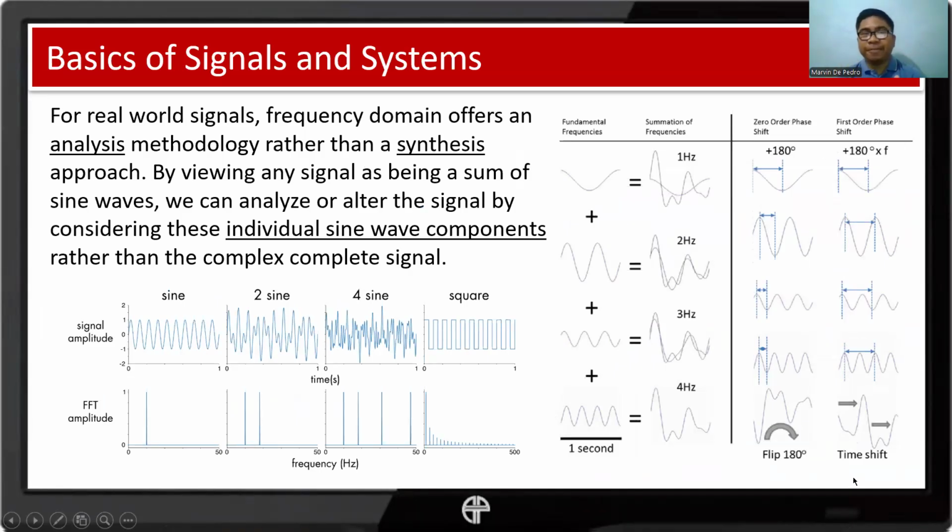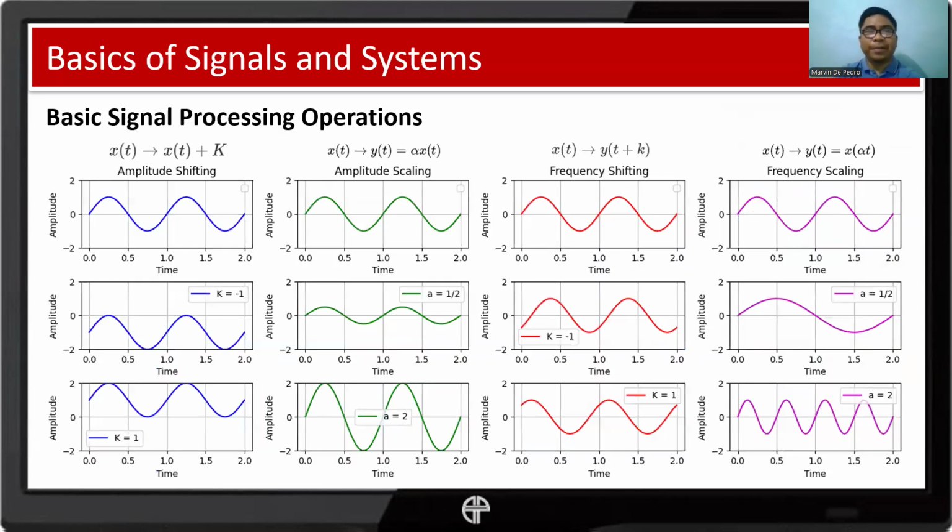Basically, we analyze signals through their components. We have to analyze the signals component by component, and once we analyze them per component, we do processing per component as well. So what processing do we do? We talk about this in the next part.